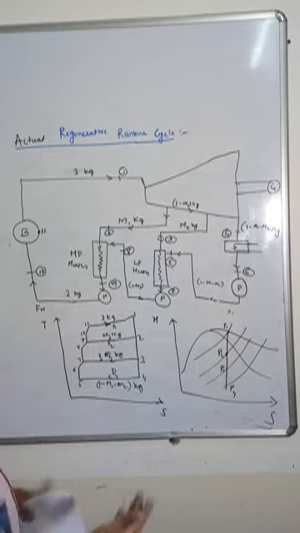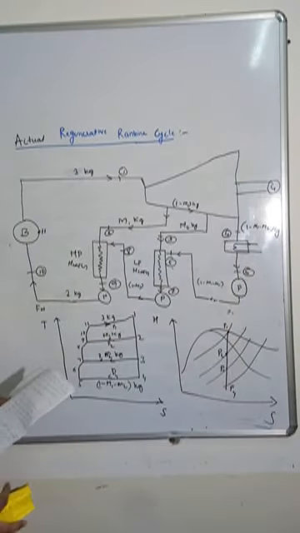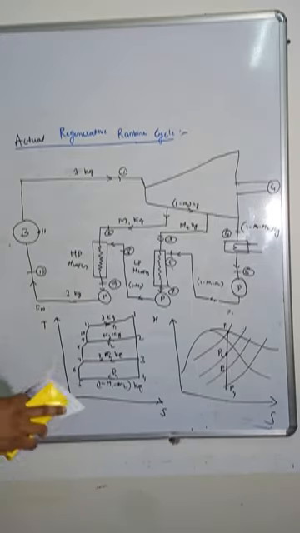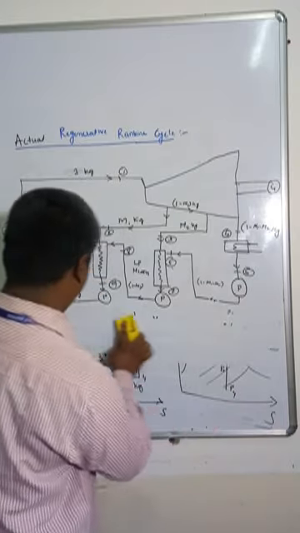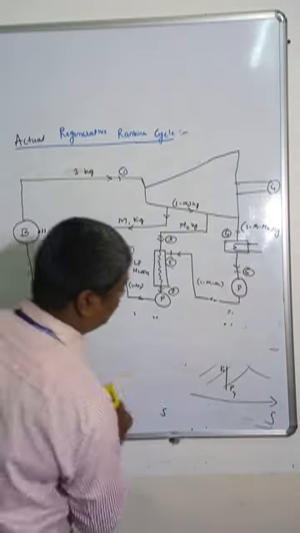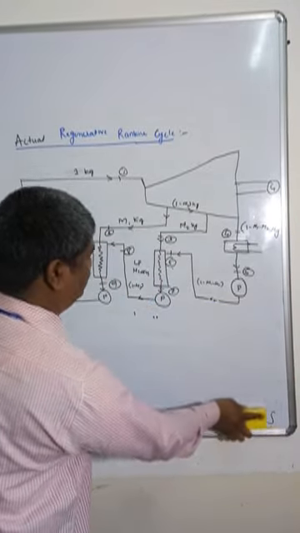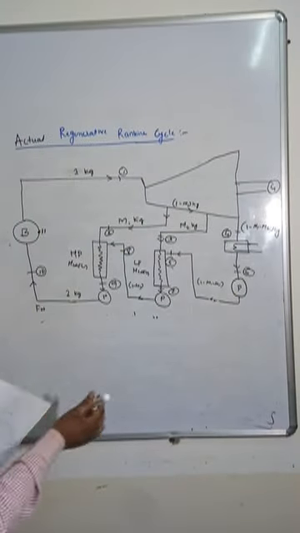So now I'll just write the heat supplied equations, heat added and heat rejected. Right. Shall I rub this? I'll rub this here because I can use the diagram again. So isentropic turbine work.